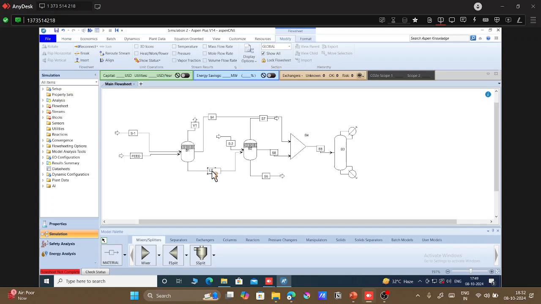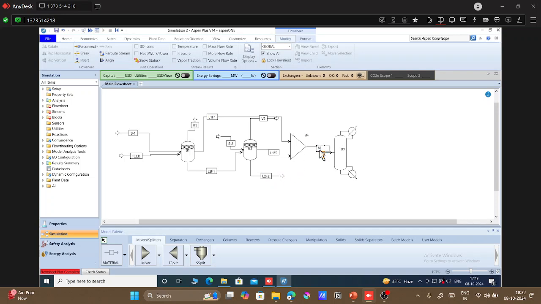This is liquid, let's call it liquid from flash 1, L2F1. This is first liquid from flash 1. You can use any convention. I am using this currently just to differentiate them. This is first liquid from flash 2, second liquid from flash 2.